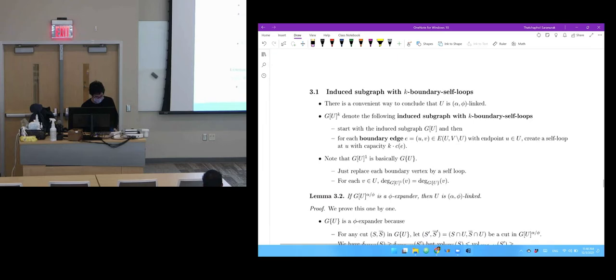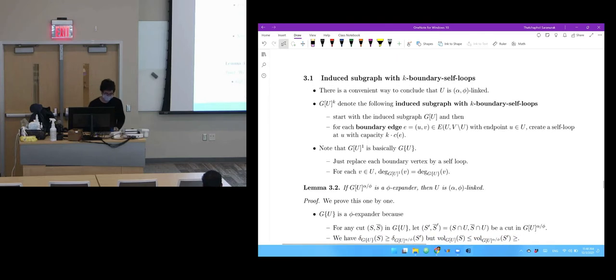And the way to make this work in a convenient way, it turns out, is to look at this graph where you look at the induced subgraph with a k boundary self loop.